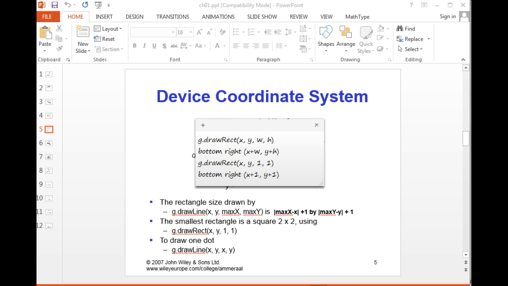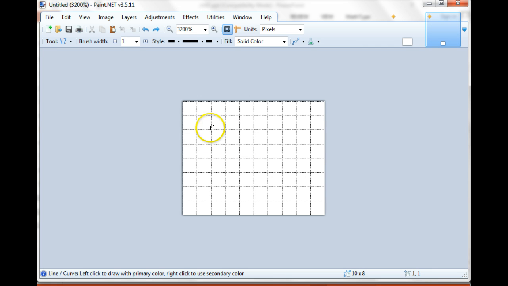Okay, so if we look at how we would draw that, let's say our x and our y are 1 and 2. So 0, 1 and 0, 1, 2, and we're going to draw a rectangle, the smallest rectangle we can draw. Oops, I'm drawing a line.